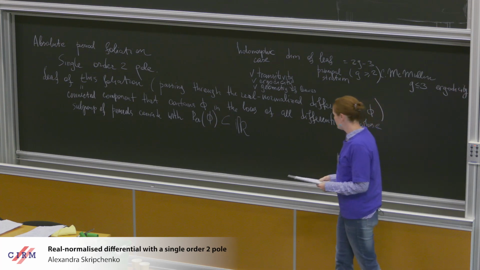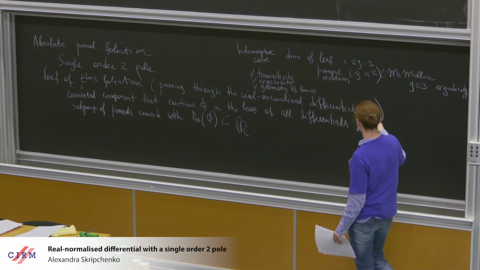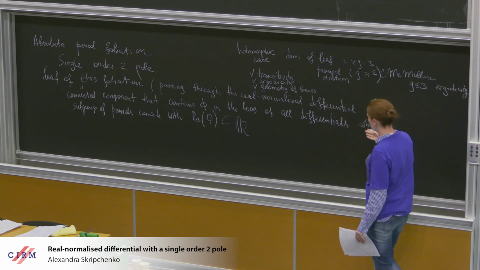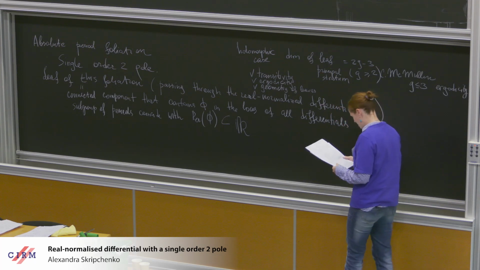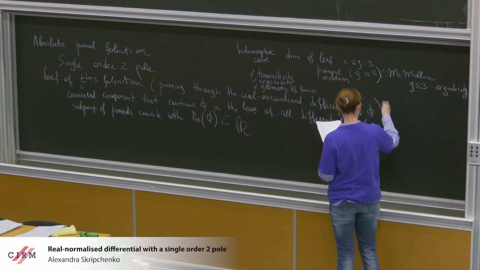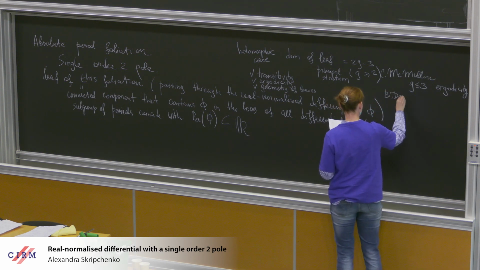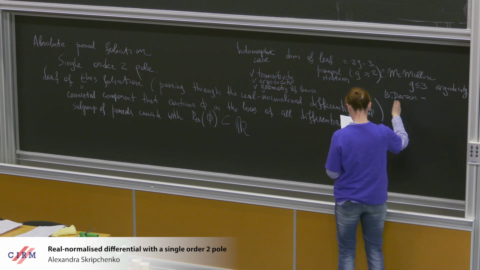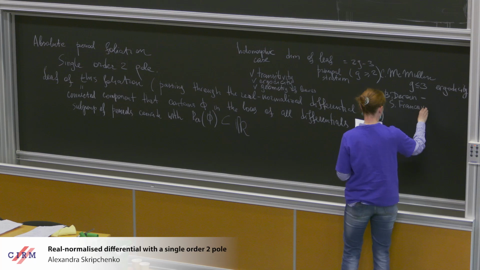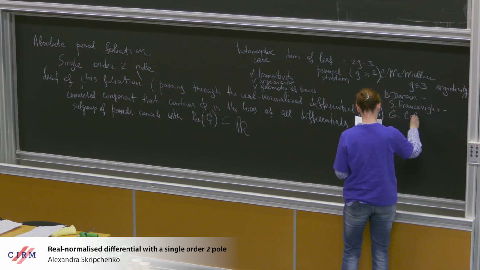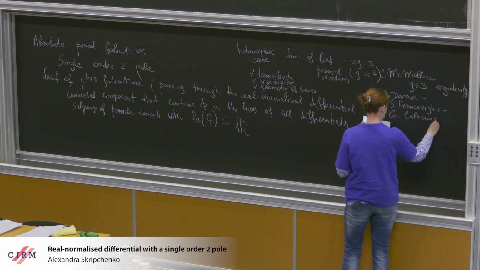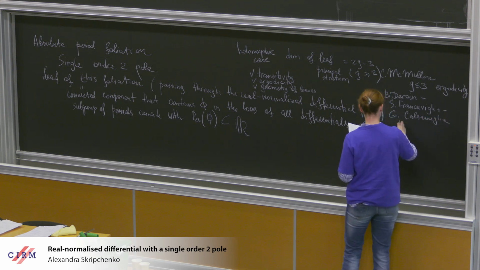And then in the principal stratum, it was proved in full generality twice, at least. The first result is by Bertrand Deroin, Stefano Francaviglia and Gabriele Casamiglia. They obtained the so-called transfer principle.